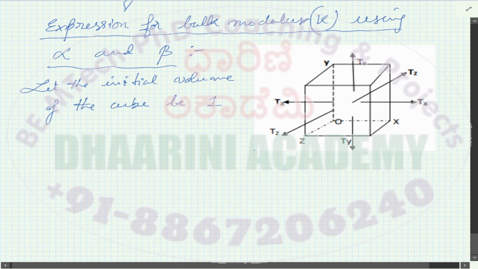Let the initial volume of the cube be 1 unit volume. And now let us say that the cube is subjected to three different stresses. They are tensile stresses: Tx, Ty, and Tz.